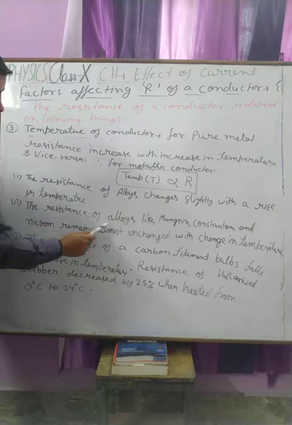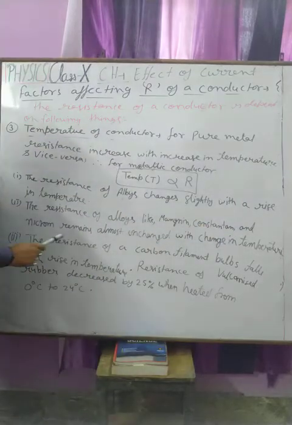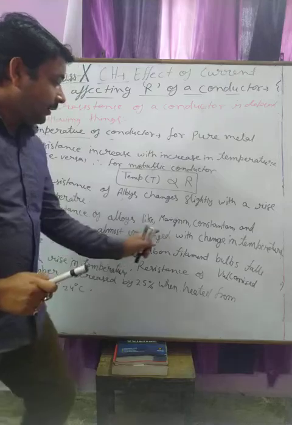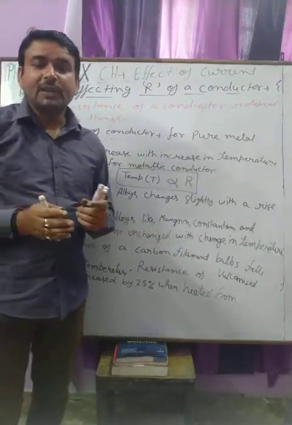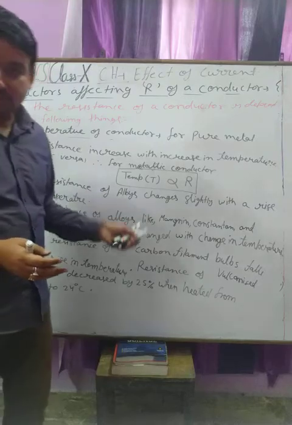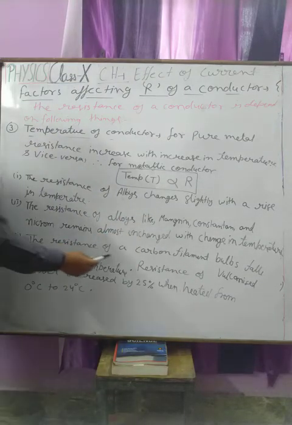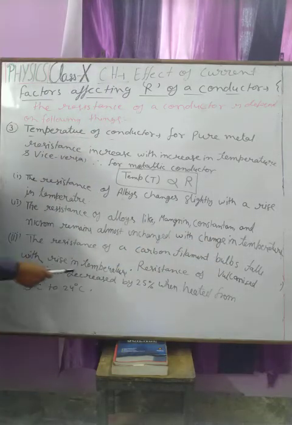The resistance of alloys like manganese, constantan and nichrome remains almost unchanged with change in temperature. And third, the resistance of carbon filament bulbs falls with rise in temperature.